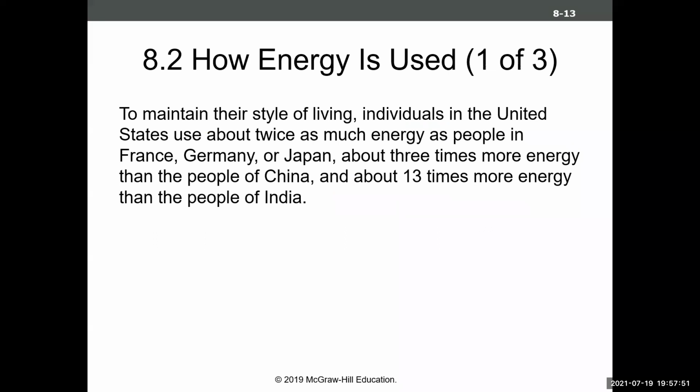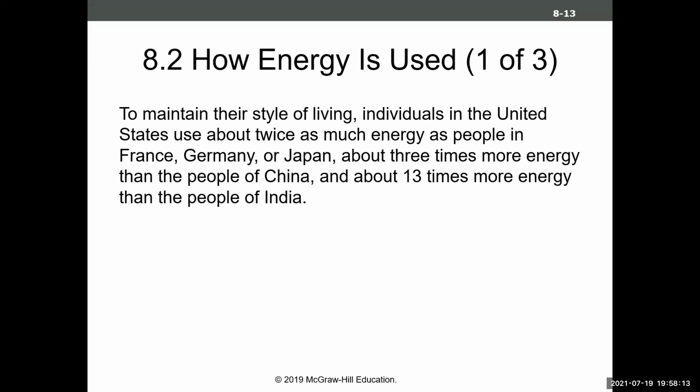And whenever we look at energy use and maintaining a specific lifestyle, the amount of energy used per country for the residents to maintain their lifestyle can vary from country to country and culture to culture.